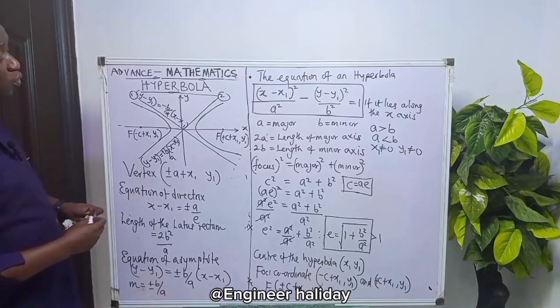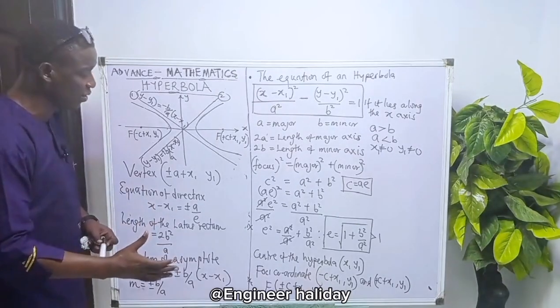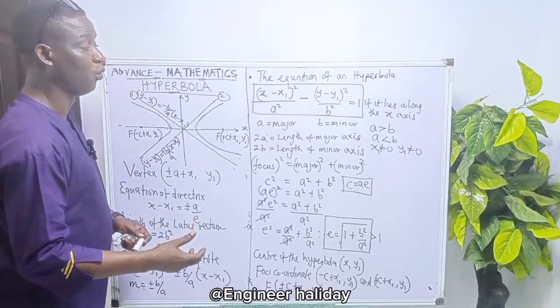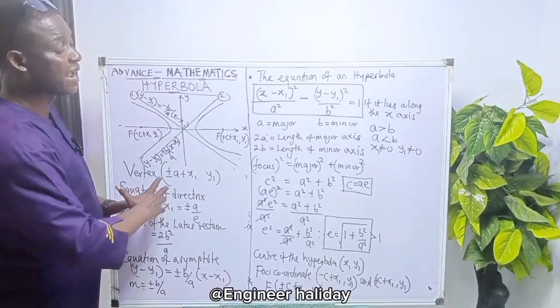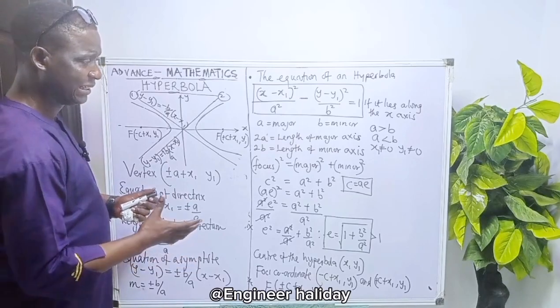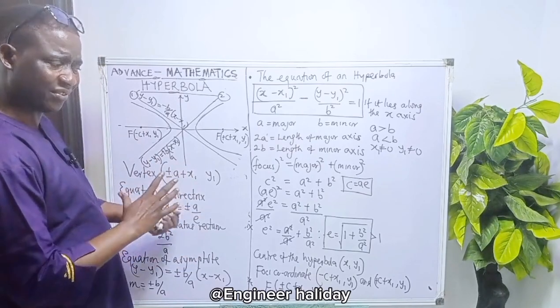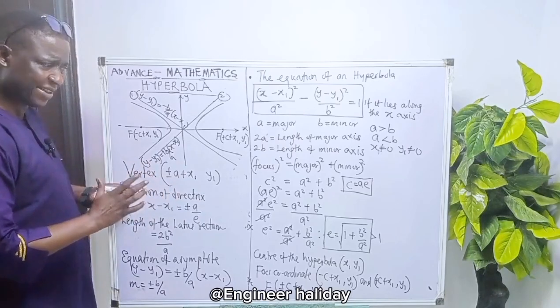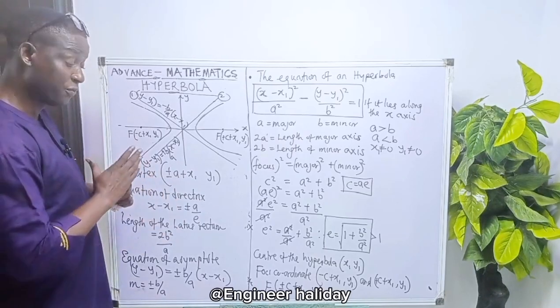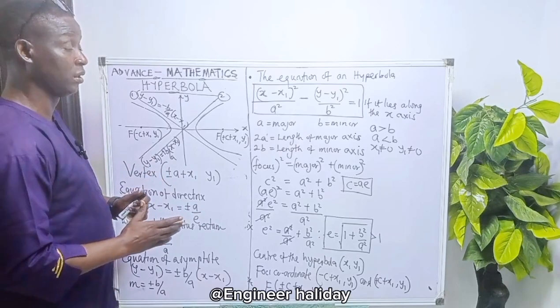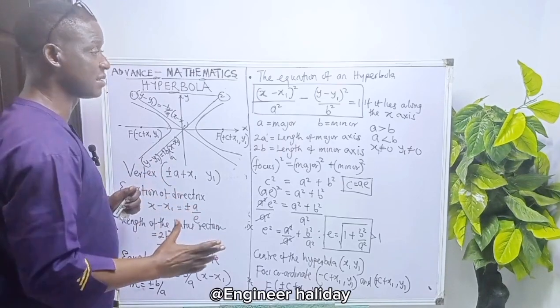Now we can also do every other thing the same way that we have done for ellipse. Every other thing remains the same. It's just these minus and plus things that you have to be very careful about. You have to be extremely careful. I mean it. If not, you miss it.